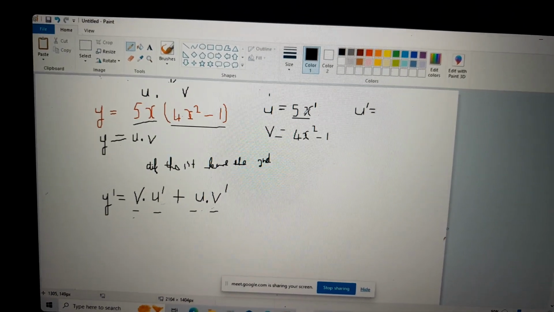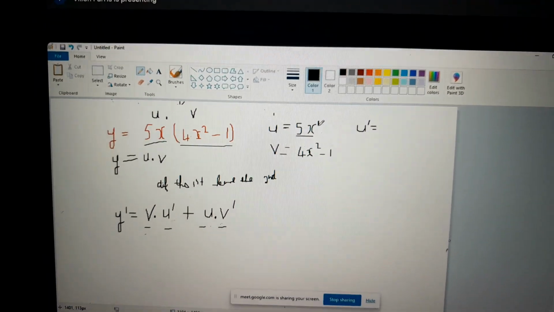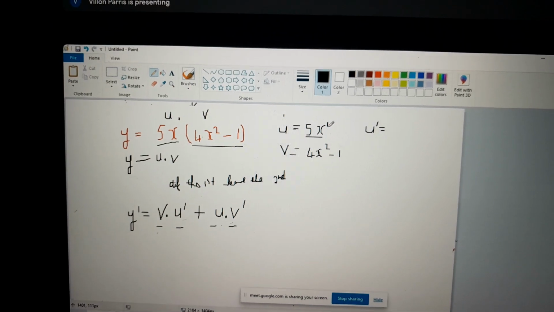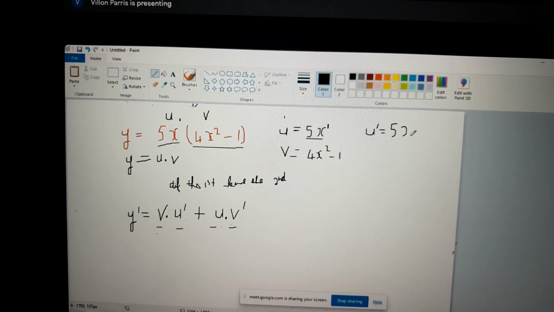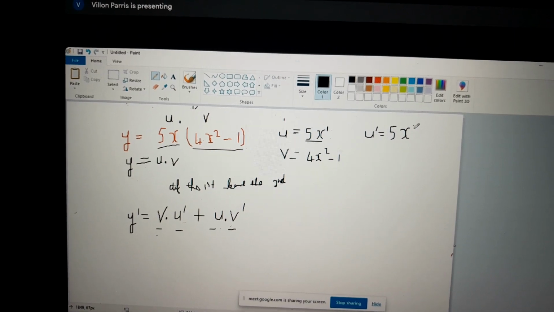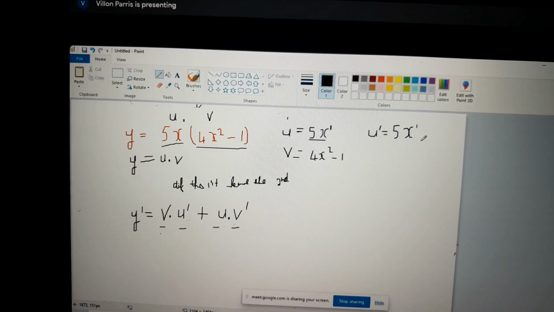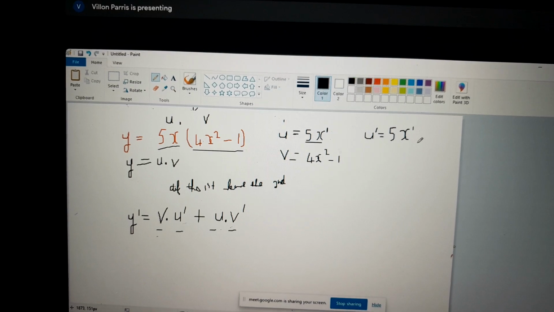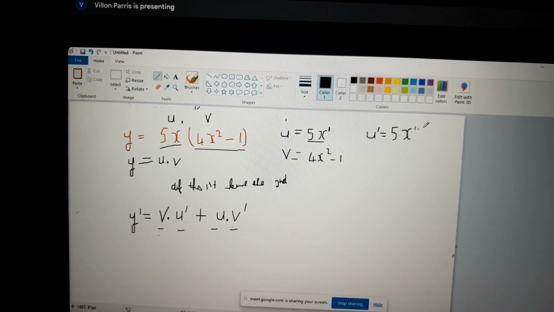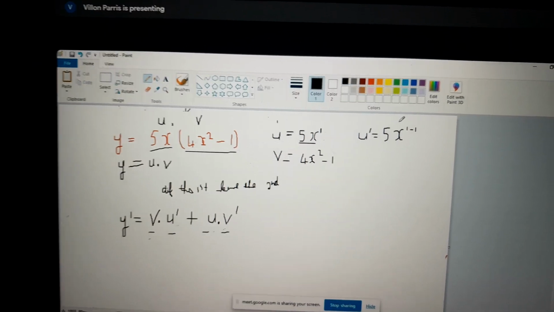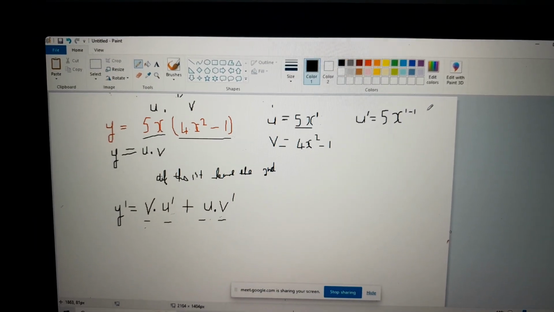You have the coefficient 5. What will you do? 5 times the power. Good. So we get 5. What will you do next? So x to the power 1 minus 1. Great. So that's all I wanted. You multiply by the power, you subtract. Don't forget the rule.